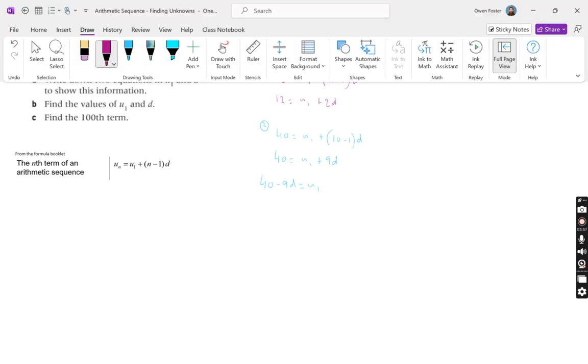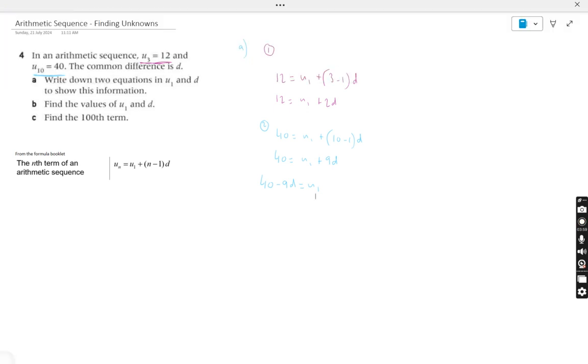And then on the top equation, I'm going to have 12 minus 2D equals U1. Now this is a simultaneous equations question because I've got U1 equals something up here, I'll draw an arrow to it, and U1 equals something down here. Again, I've just drawn an arrow to it. So now we can put those two equations against each other.